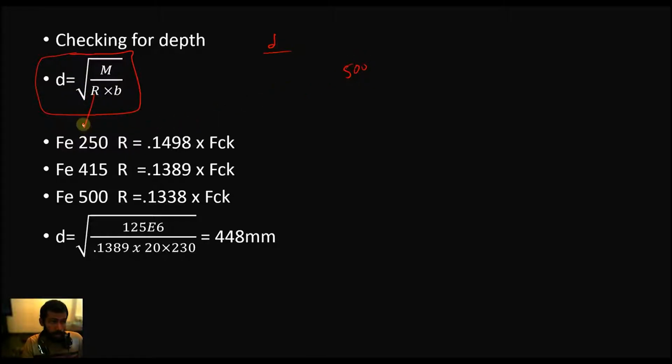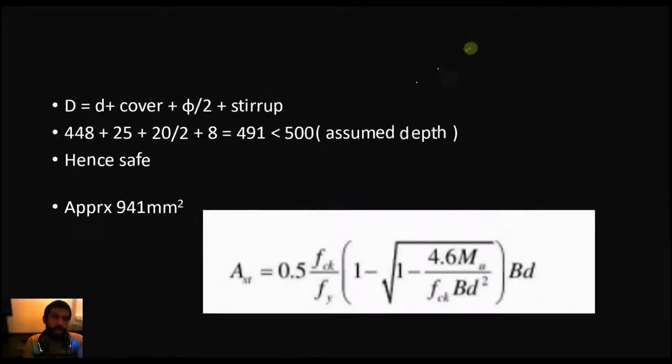R can be found using the grade of rebar used in the problem, which is Fe415. R comes to be 0.139 fck. The fck, the grade of concrete, is 20, the width of the beam is 230, and the bending moment 125 is converted from kilonewton meter to newton millimeter by multiplying by 10 raised to 6. That gives us 448, and what we have assumed is 500.